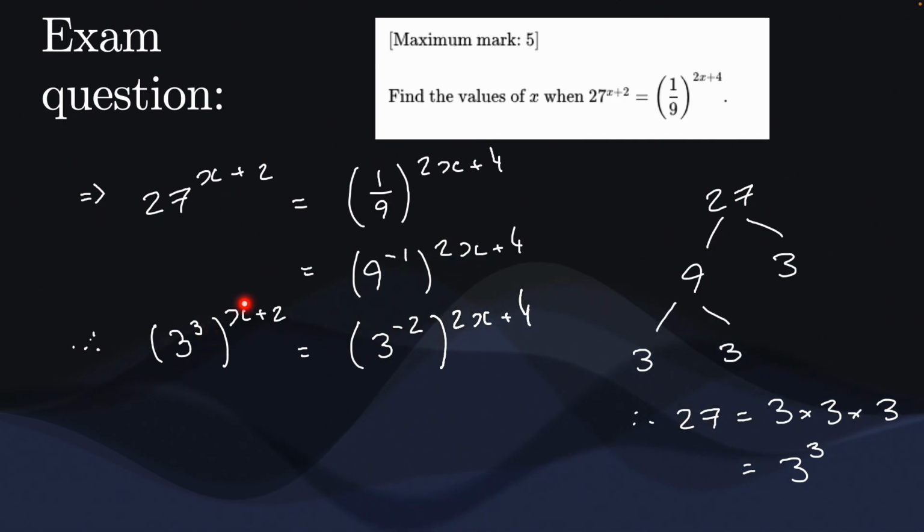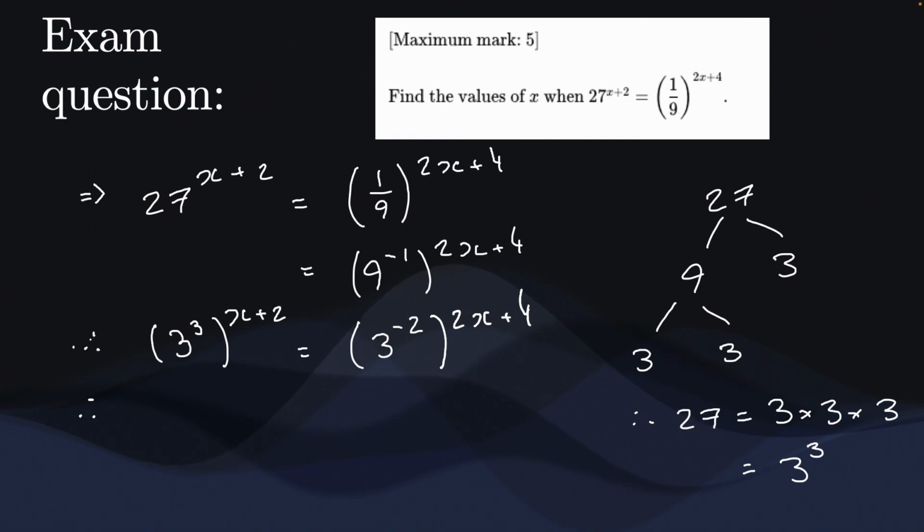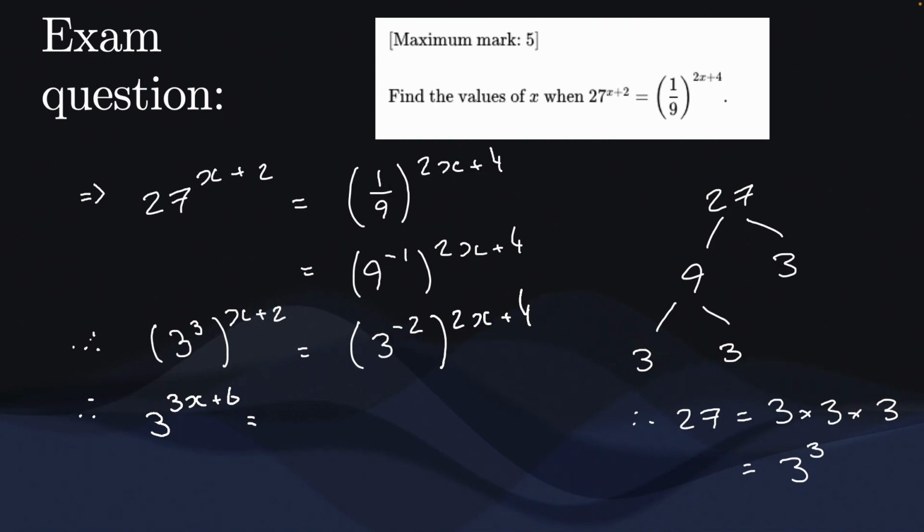And then we can just use our rule to find that 3 times x plus 2, which is 3x plus 6. So 3 to the power of 3x plus 6 is equal to, what's negative 2 times 2 is negative 4. So we have 3 to the power of negative 4.